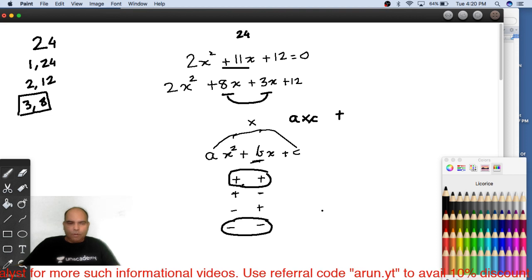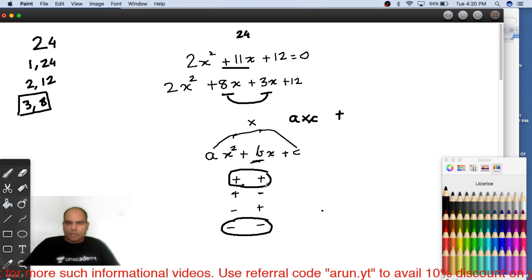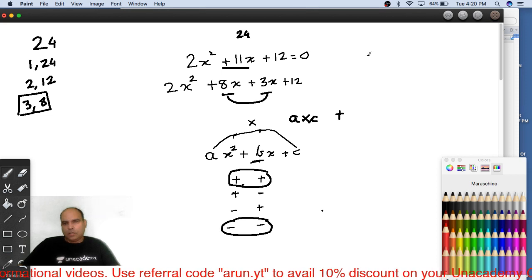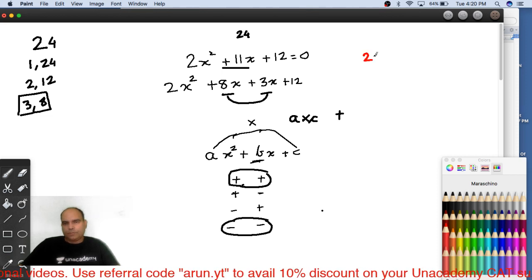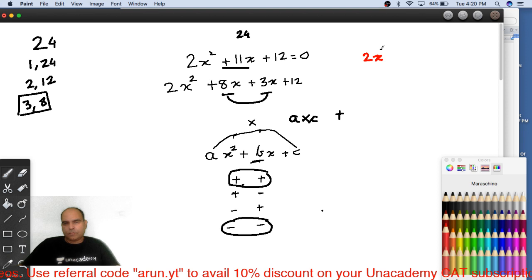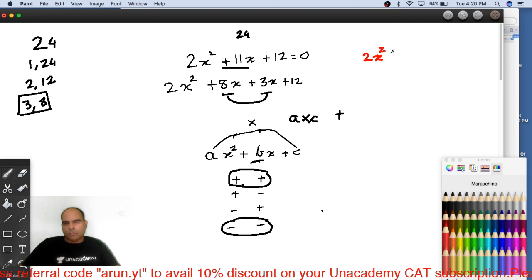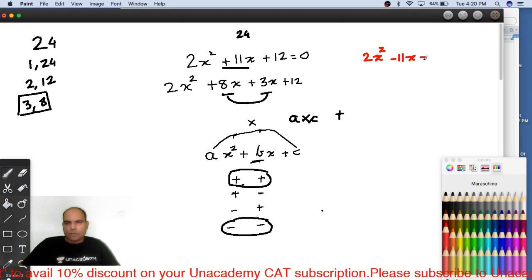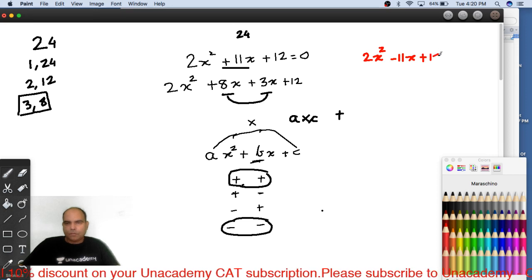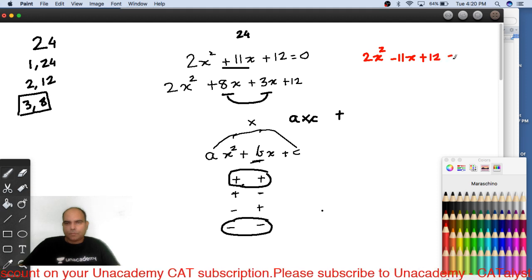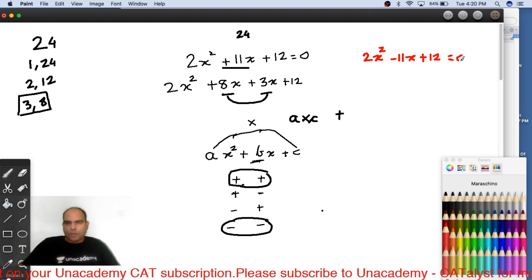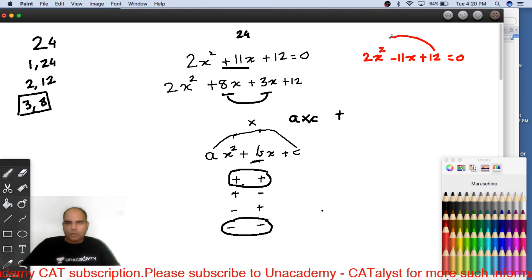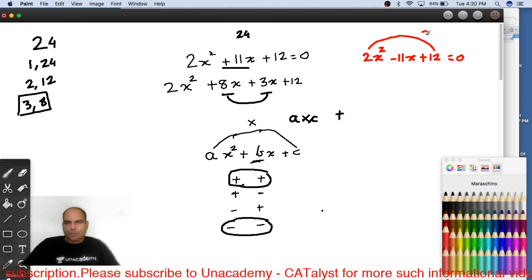Right? When do you go for the minus minus split? A situation like this. If you have 2x square minus 11x plus 12 is equal to 0. Here too, when you check the product of a into c, you can see that the product is 24.